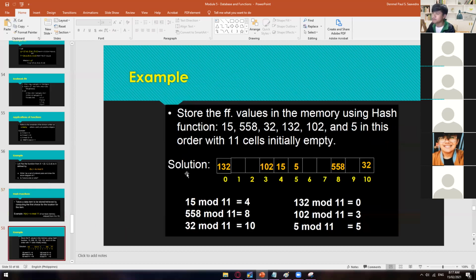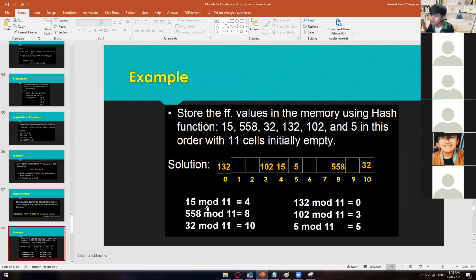All right, so let's have an example for you guys to appreciate this one. Store the following values in the memory using the hash function. We have here the data 15, 558, 32, 132, and so on. As you can see, we have cells 0 to 10, wherein some of them are already filled with those values. So how did we put these here?